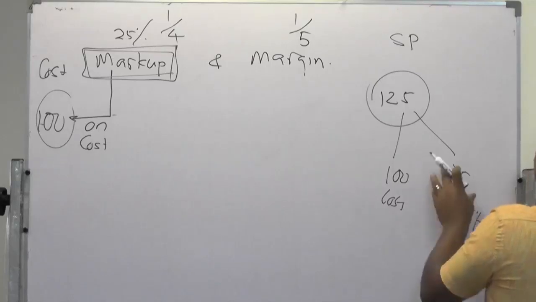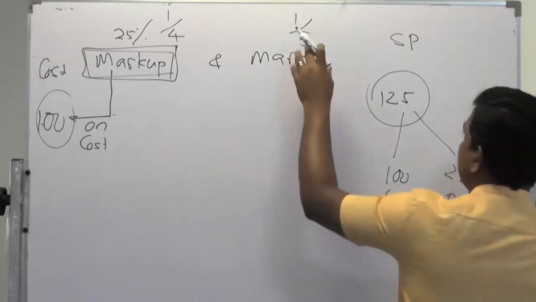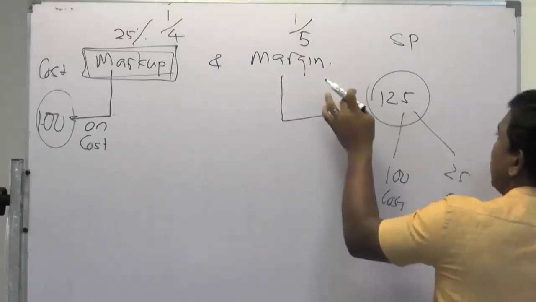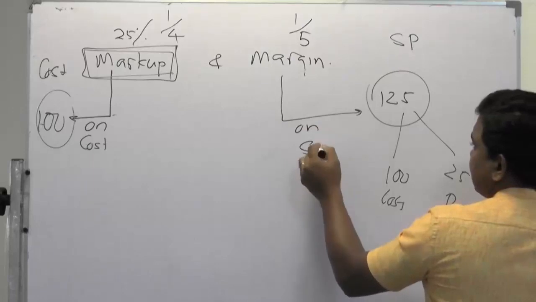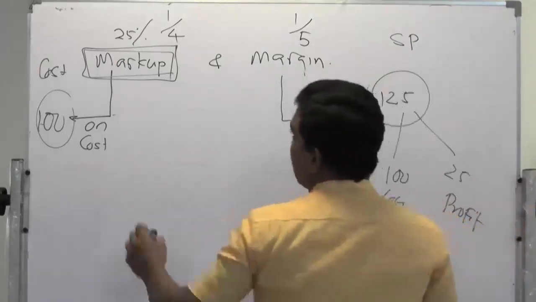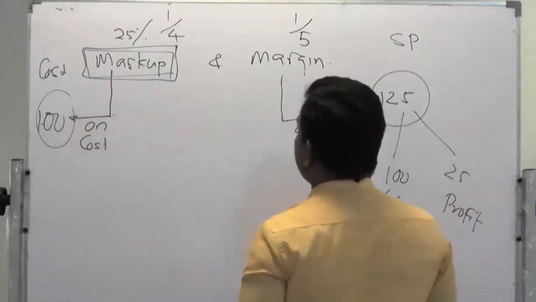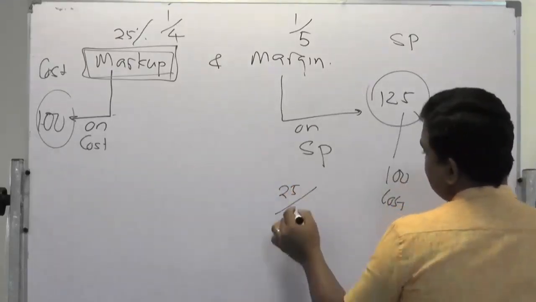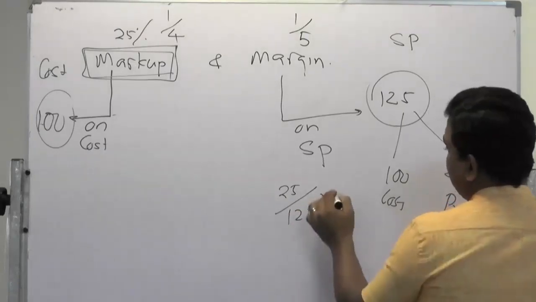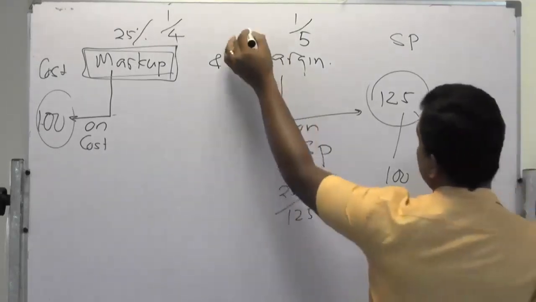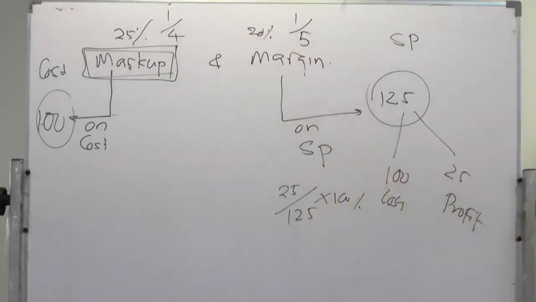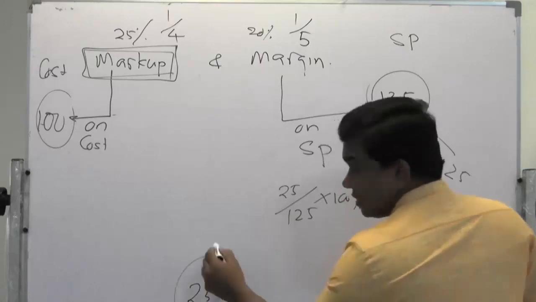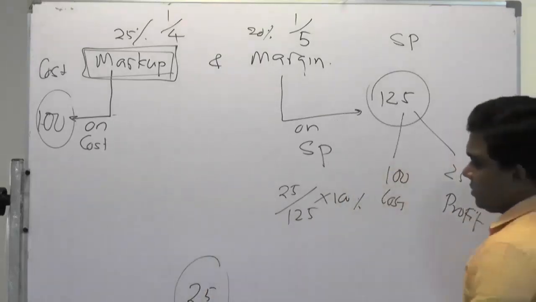Now, if you take this 25 as a percentage or a fraction of the selling price, it is 1/5 on selling price, or on cost it is 1/4. As a percentage, you can say 25 divided by 125 into 100, that is 20%, right. Then the same profit of 25 was added on the product.